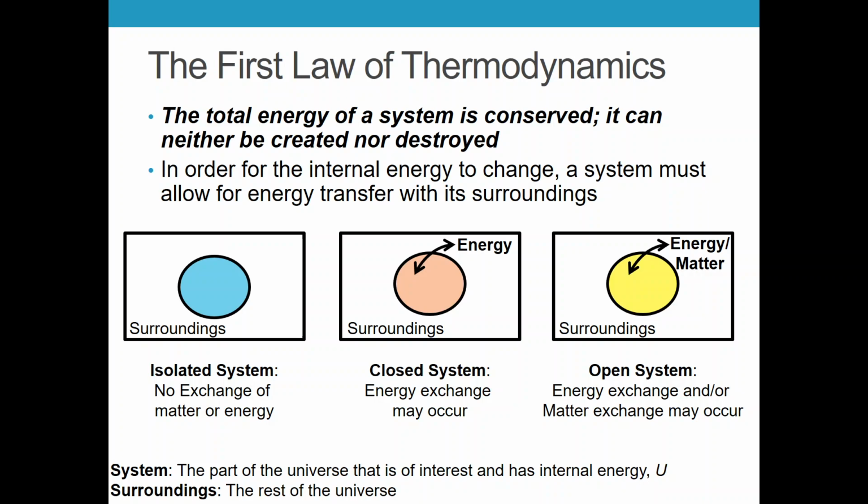Matter stays within your system. In the open system, you can think about this like an open coffee mug, there's no lid, so matter can exchange. Your coffee can also get cold, so energy exchange can occur as well. So these are basically the three different types of systems.